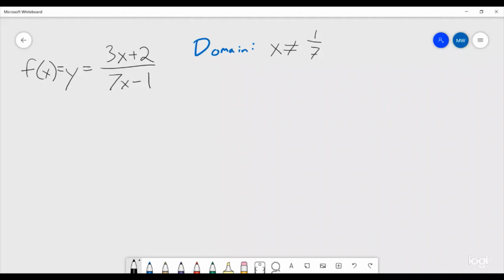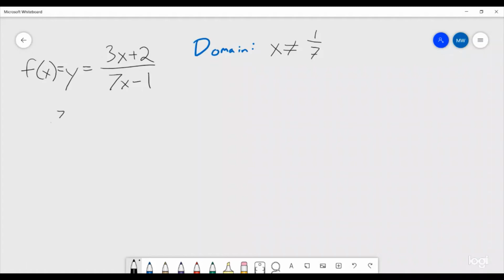Well, let's start by multiplying both sides by 7/3. You might be wondering, why are we multiplying both sides by 7/3? Those are the coefficients of x in opposite order. And that will make it easier for us to pull the x's out by themselves.